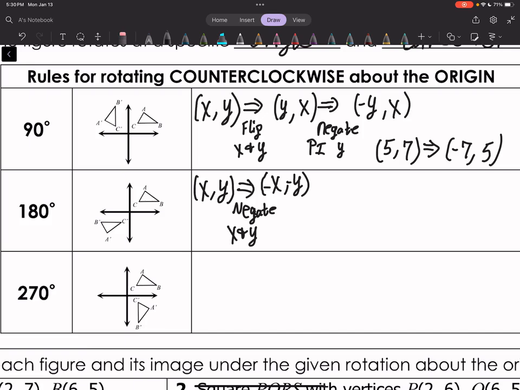For 270, I'm given X and Y. I would be flipping it 3 times, but that's going to be the same as just flipping it once.